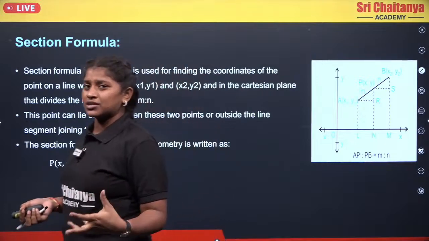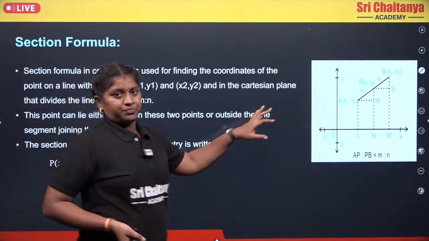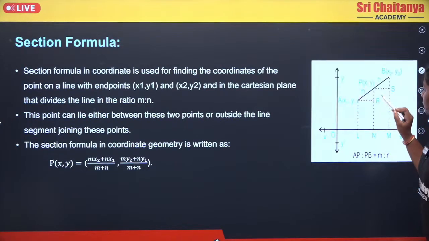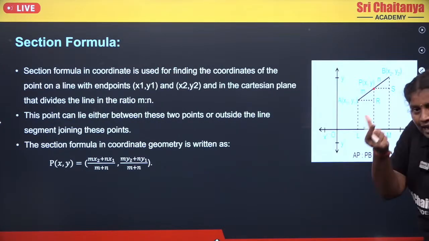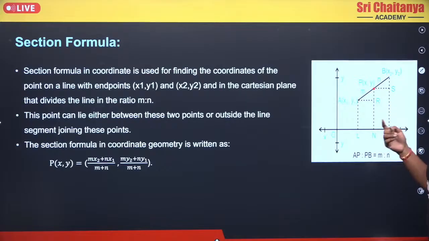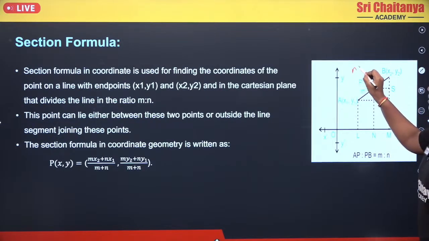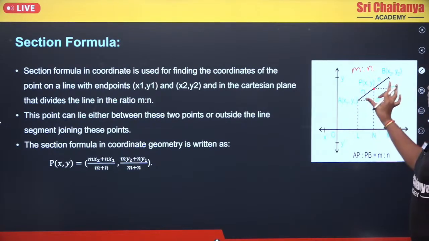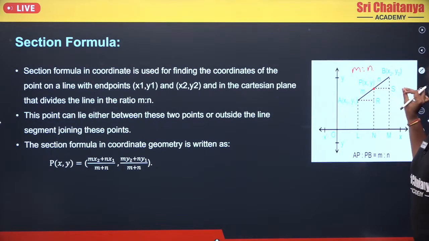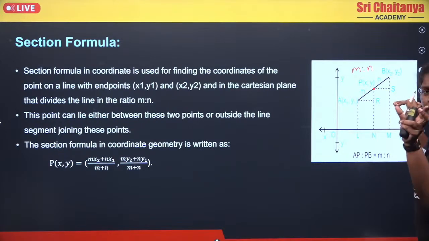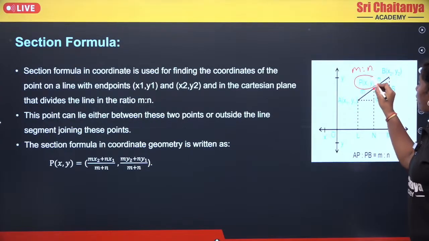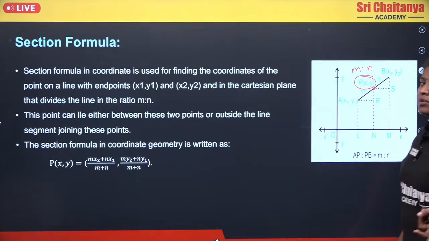When we are going to use the section formula, suppose we have a line joining the two points A and B, and on the line AB I have a point P which is dividing the line segment AB in the ratio m:n. Okay, understood? If you have a point on a line dividing the line segment AB in the ratio m:n, then we can find the coordinates of that point with the help of the section formula.